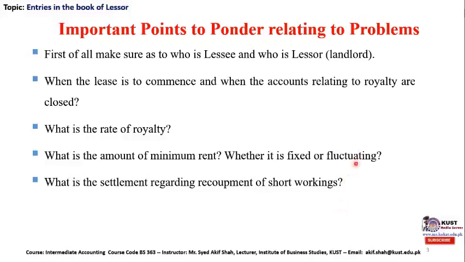However, an agreement may also have a fluctuating short working recoupment agreement, which states that if in any particular year of operation the lessee was unable to extract the minimum number of tonnage of coal, so that the minimum rent exceeds the royalty fee to be paid to the lessor or landlord, in that particular year the lessor or the landlord may have an agreement with the lessee that in that specific year and onward for the subsequent 2 years, the lessee may recoup the short working.